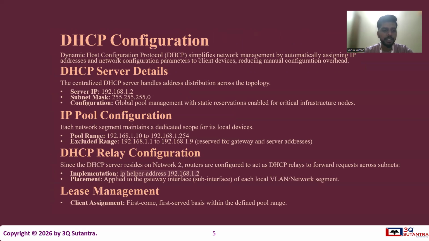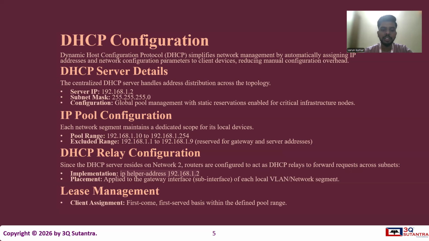DHCP server details: the centralized DHCP server handles address distribution across the topology. Server IP is 192.168.1.2. Subnet mask 255.255.255.0. Configuration: global pool management with static reservation enabled for critical infrastructure nodes.